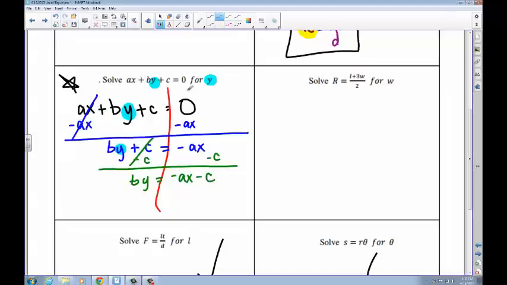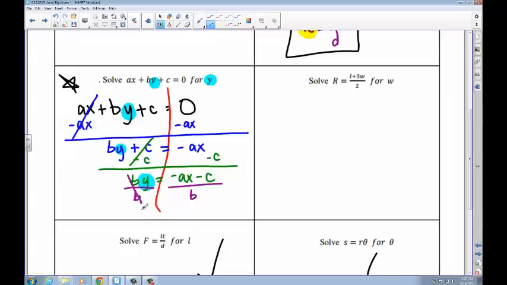Okay, so now I need to remember, yikes, this is what I need to solve for, not my b. That helps me decide what I need to get rid of. So I will get rid of my b. Since b is being multiplied by y, my inverse operation of multiplication is division. Remember, inverse means opposite. So opposite of multiplication is division. So I'm going to divide this side by b. And I'll divide this side by b.